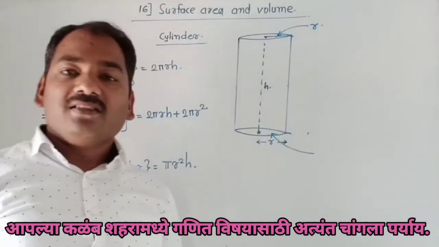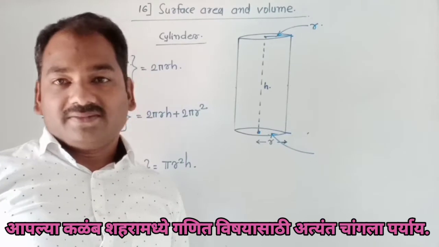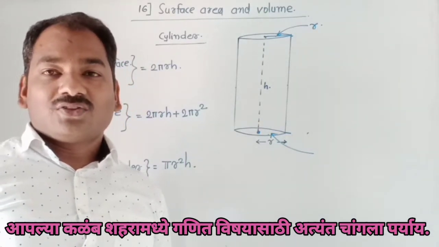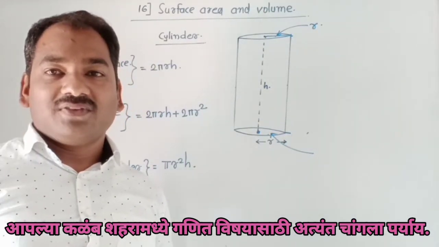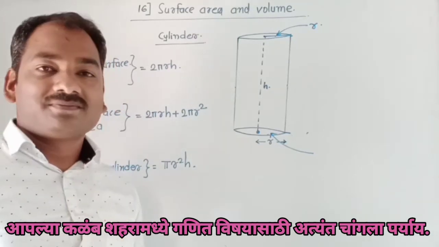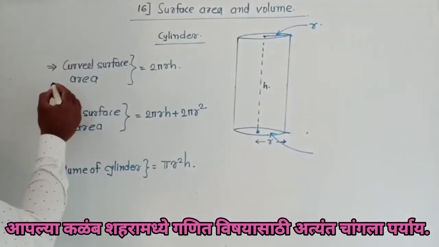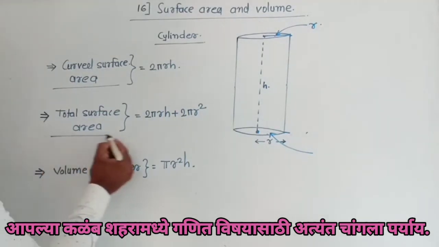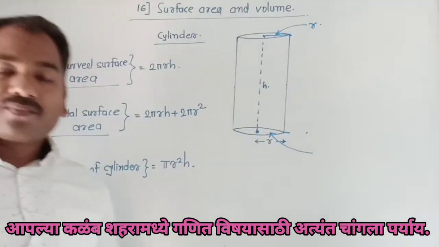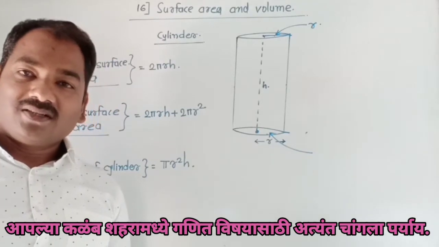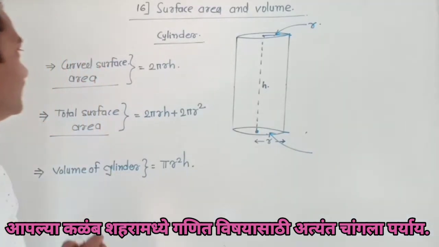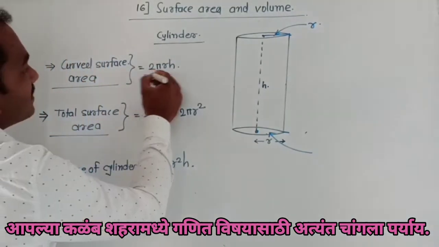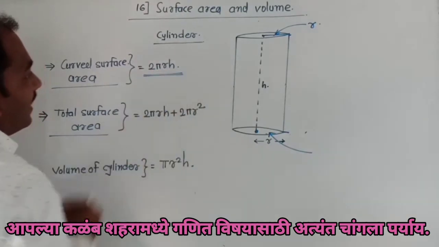While writing the formula for area, there are two types of areas we consider here for the cylinder. The first area is the curved surface area, and the second is the total surface area. The very first formula, for the curved surface area, is 2 pi r h.